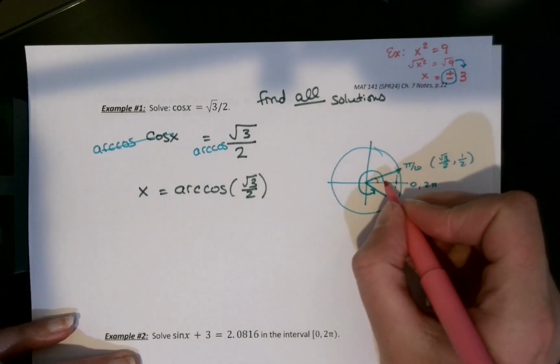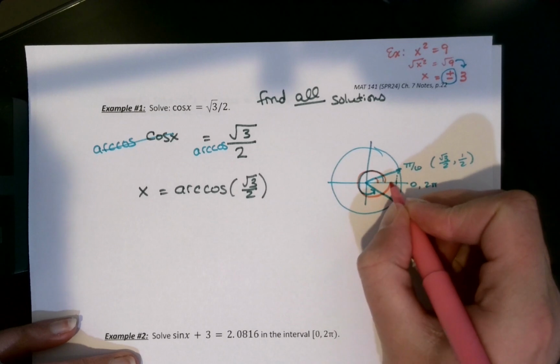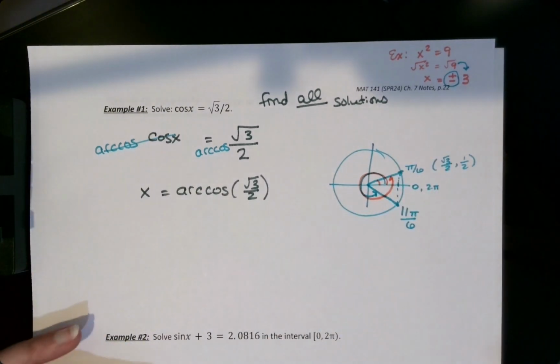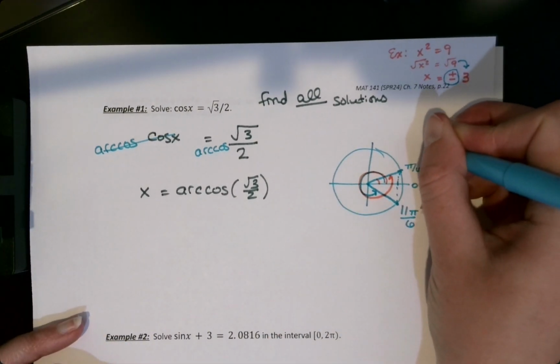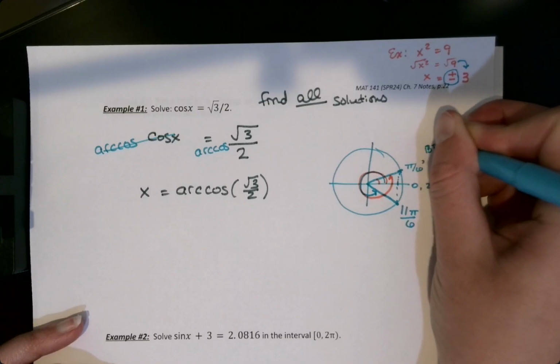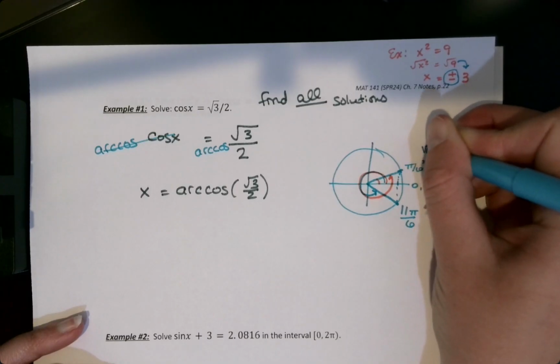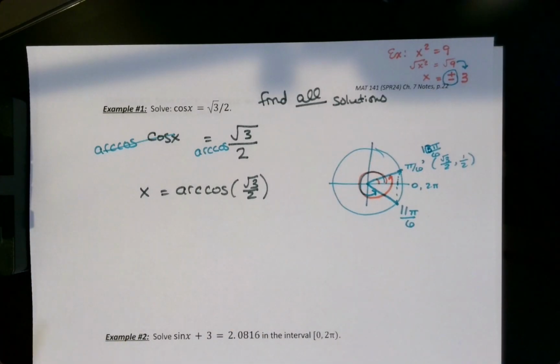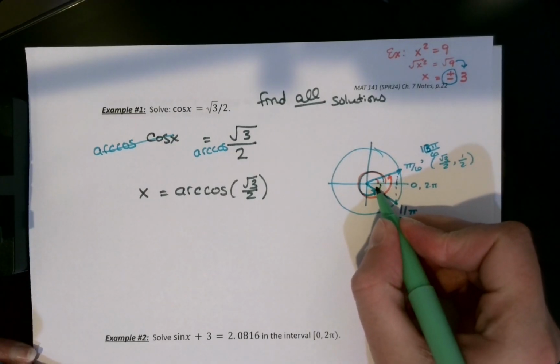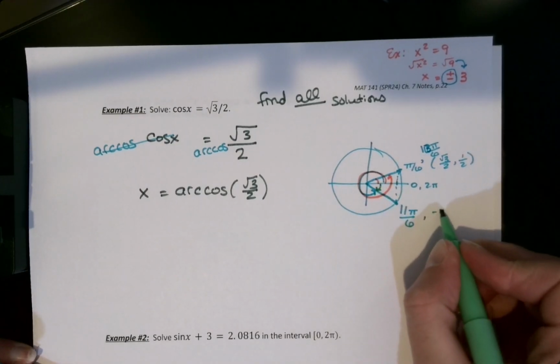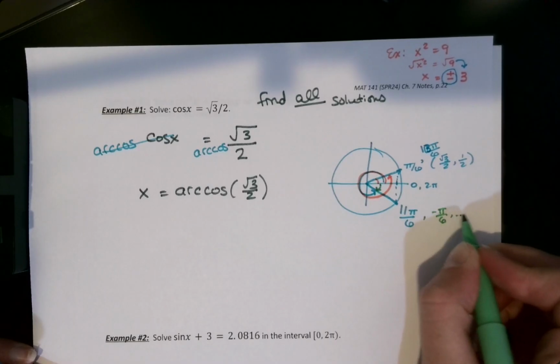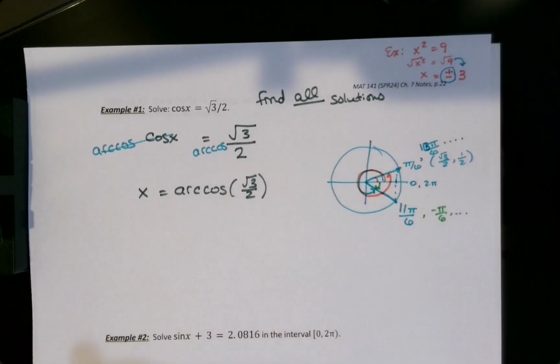So my pi sixth, I could go back around to that angle, and I could say pi sixth is the same as 13 pi over 6. Okay, so I've got pi sixth, I've got 11 pi sixth, I've got 13 pi over 6. I also could take this angle and go backwards to it and get negative pi sixths, etc. So there are many ways of writing down each of these angles.